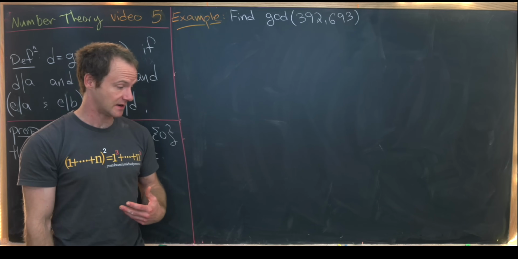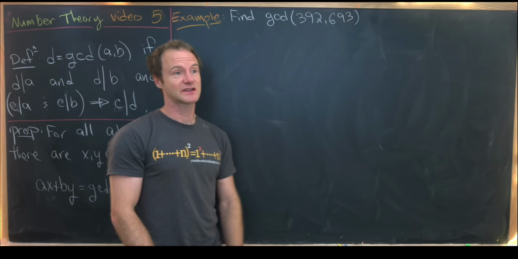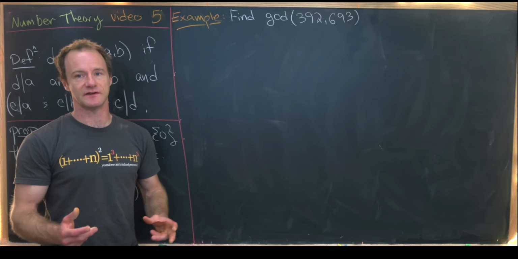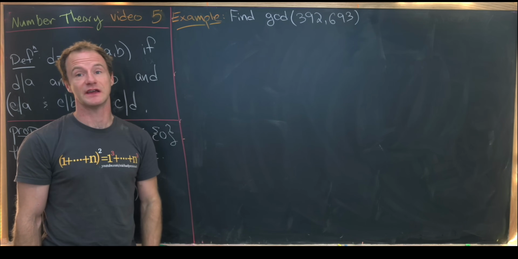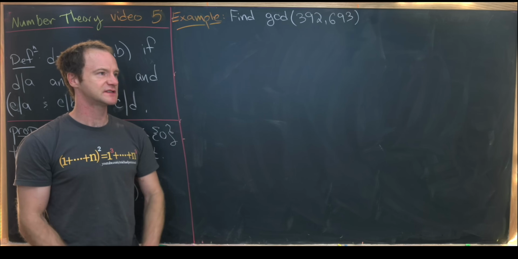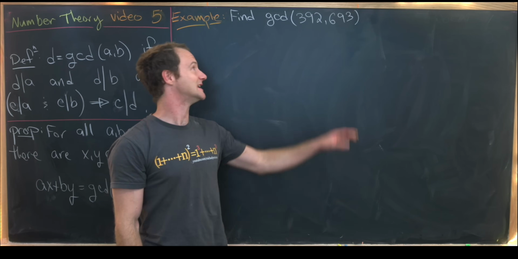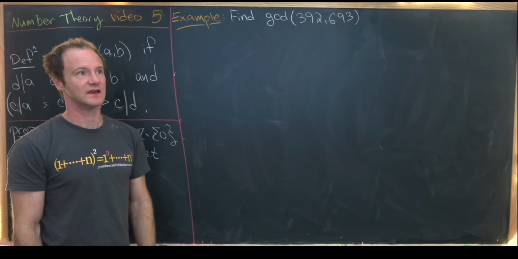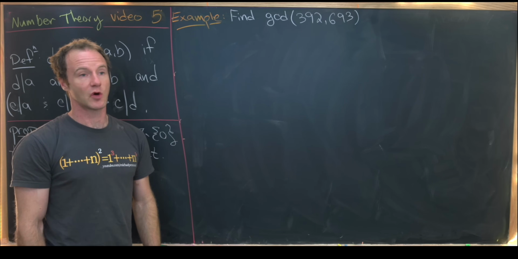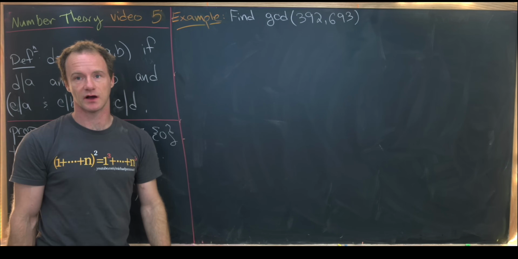And that's fine, but in fact, factoring things into primes is very inefficient, whereas the Euclidean algorithm is very efficient. So if you were to put this into a computer, it would have an easier time doing this GCD calculation via the Euclidean algorithm rather than factoring into primes.